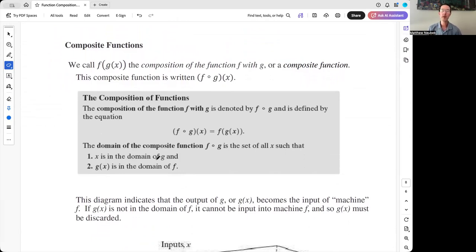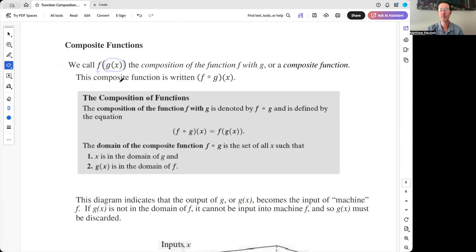Now, class. Here we're talking about composite functions, which is we're not adding, subtracting, multiplying, or dividing the functions in order to have them interact with each other. We're actually taking a function and putting it into another function. So we've seen g of x, we've seen f of x, but here g of x is being put into the f function.